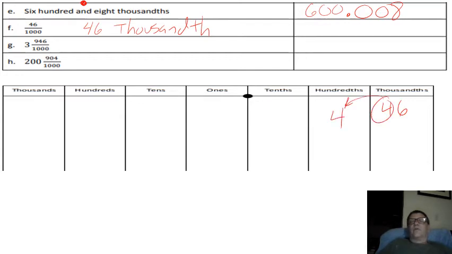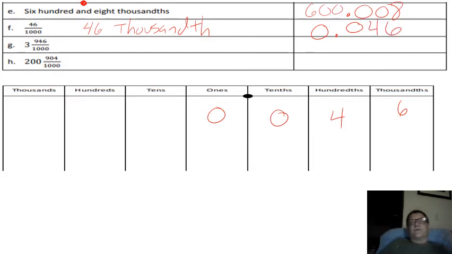So I end up with, and then let me get rid of the extra 4 that's in there. And then we have an empty place value, which you have to put a 0 in, and then it's very common for fractions less than 1 to put a 0 in front. So now we got 0.046, and we read that as 46 thousandths.